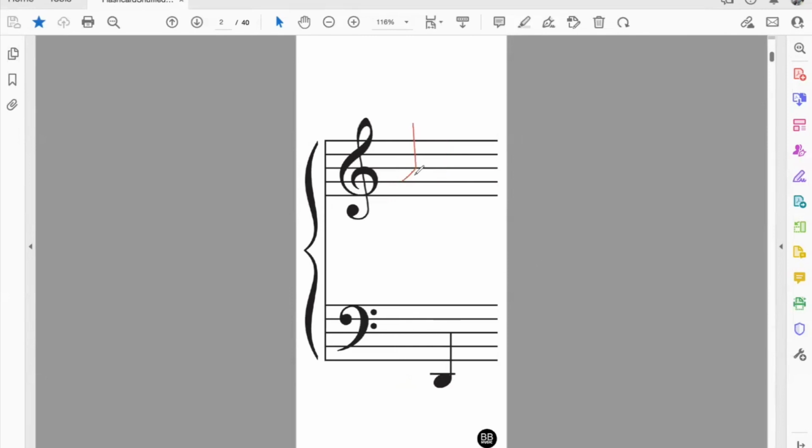A space to a space is a skip. Okay, that makes more sense now. A line to a line is a skip. Make sense? Yeah.